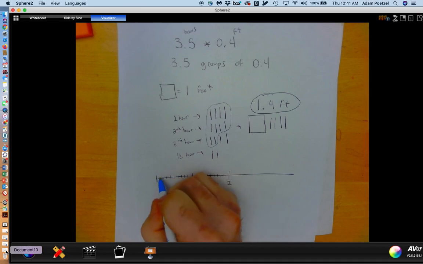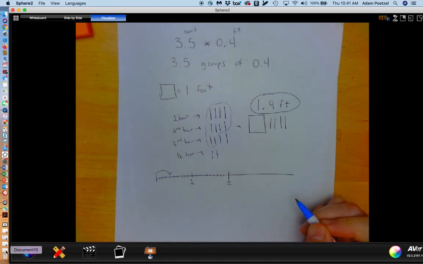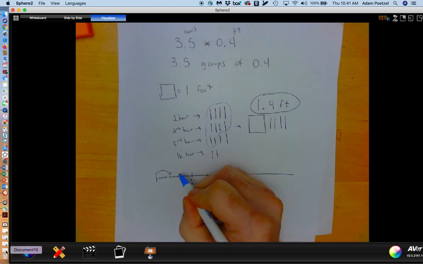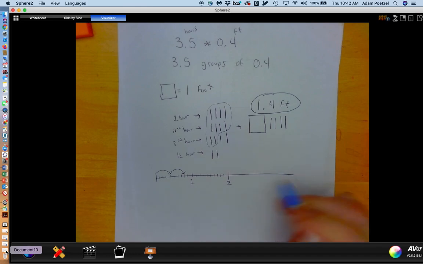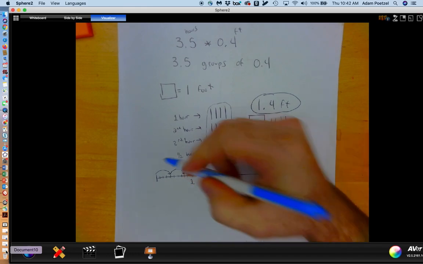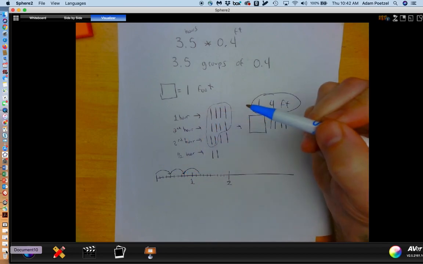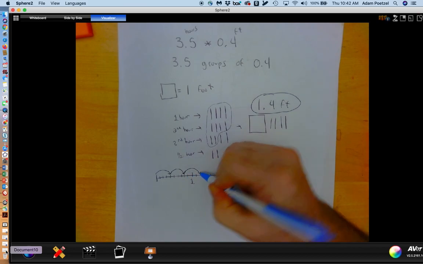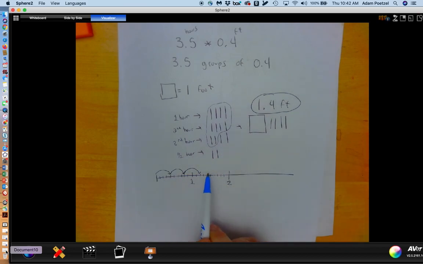And so here we might imagine this, just after 1 hour, that would be 4 tenths of the way to 1 foot. And after another hour, that would be another 4 tenths. After another hour, that would give us 3 hours there.